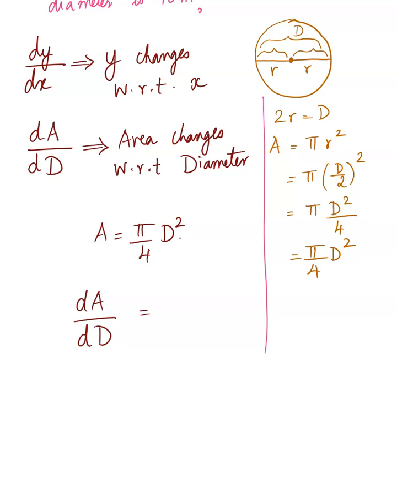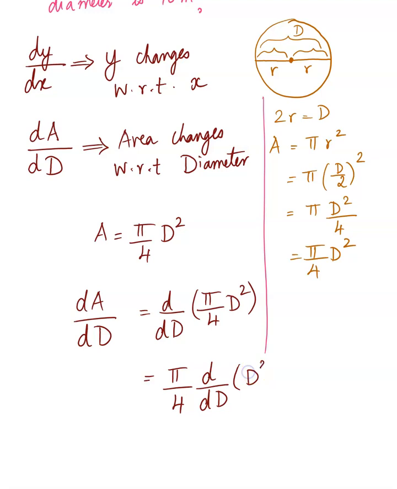So previously we would have had x, but here it's D. So if you want to make sure that you take the derivative of this pi over 4 D squared, that's how we did, right? We replaced the function A with the expression associated with it. Pi over 4 very clearly is a constant. So pi over 4 needs to be pulled out and you take the derivative of just the D squared.